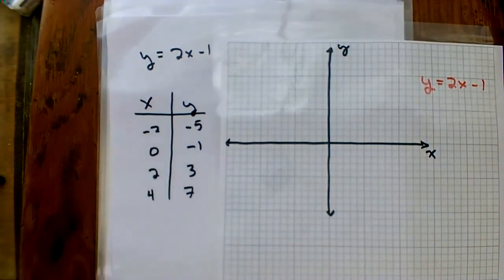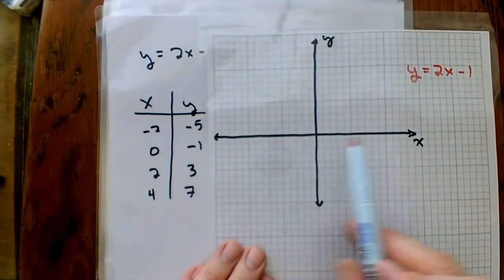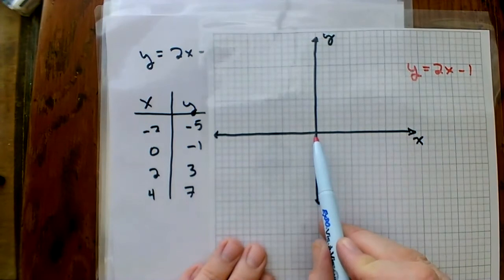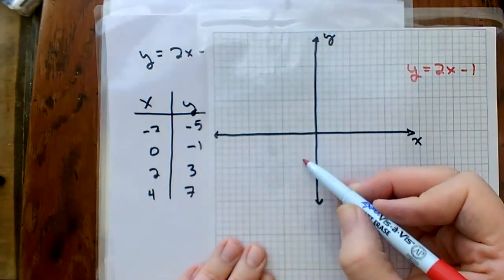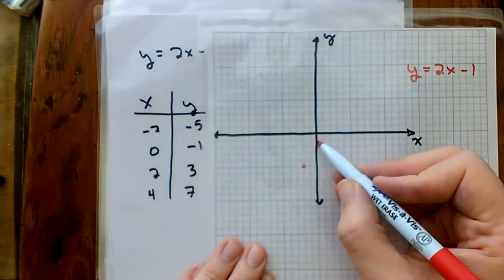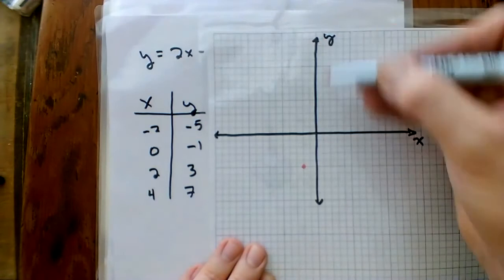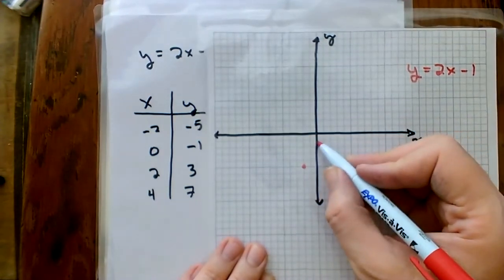Remember, if we're graphing, we start here on our x-axis. When x was -2, y was -5. 1, 2, 3, 4, 5. When x was 0, that's right here on the y-axis, y was -1.